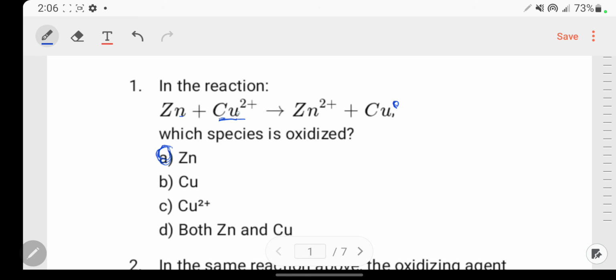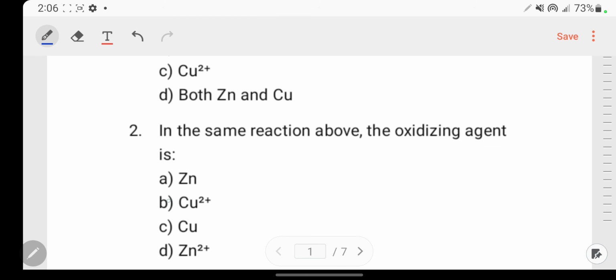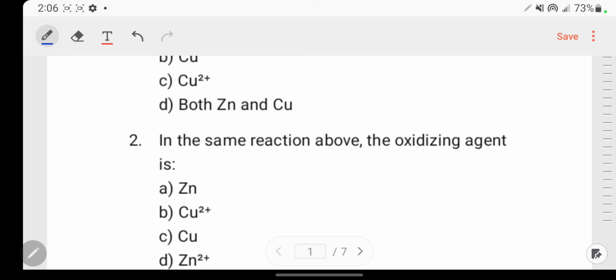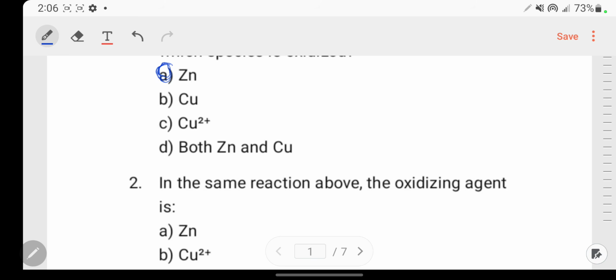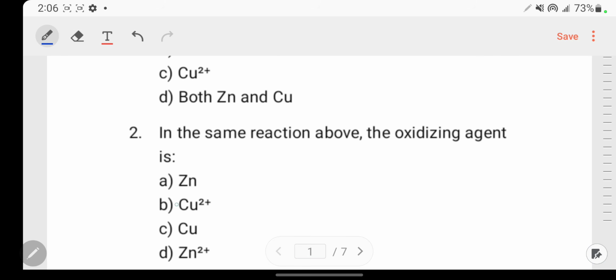So it has gone from 2 to 0, meaning to say it has been reduced. The one that is reduced is the oxidizing agent. The oxidizing agent has to come from the reactants. So the answer there is C. Oh, sorry, B. So this one is our oxidizing agent.